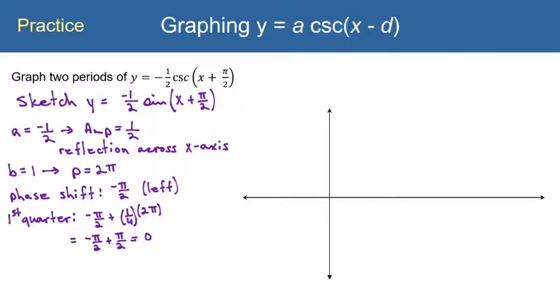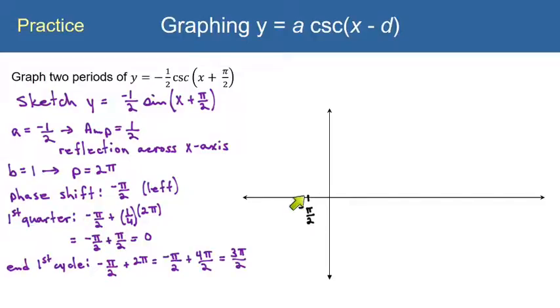And so we see that our first quarter mark is going to go on the axis itself. That's good. And then we can space out the rest of the marks after that. Let's calculate the position of the end of the first cycle. That's going to be the starting place plus a whole period. So in this case, negative pi over 2 plus 4 pi over 2. And that's going to add up to 3 pi over 2.